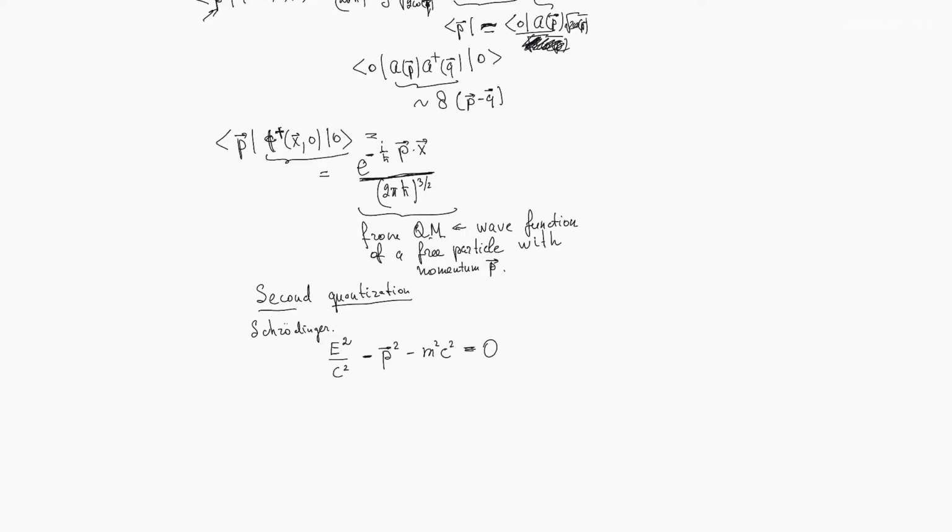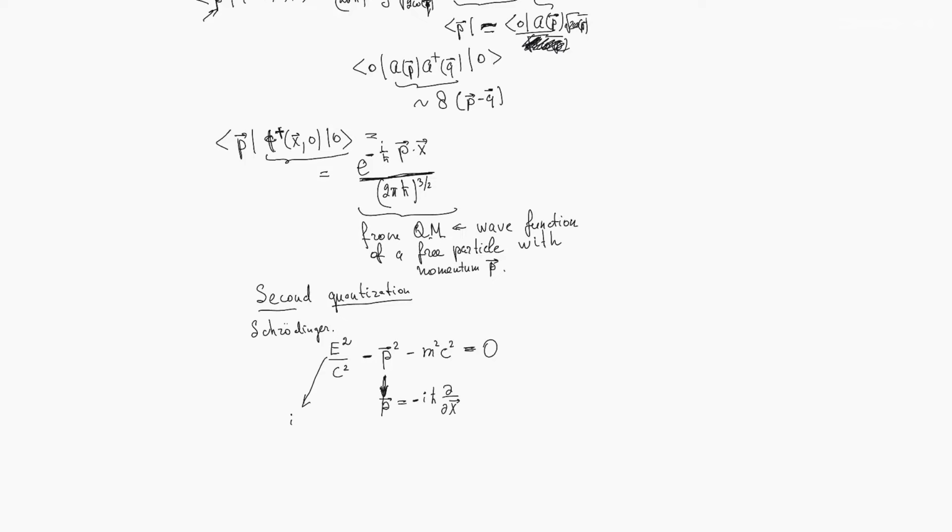And Schrödinger's idea was simply to pass to quantum mechanics by replacing p, this free momentum, with an operator of momentum, which is minus i h bar d over dx, and replacing energy with i h bar d over dt.